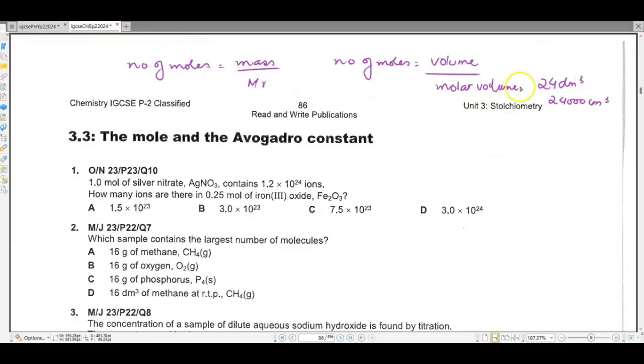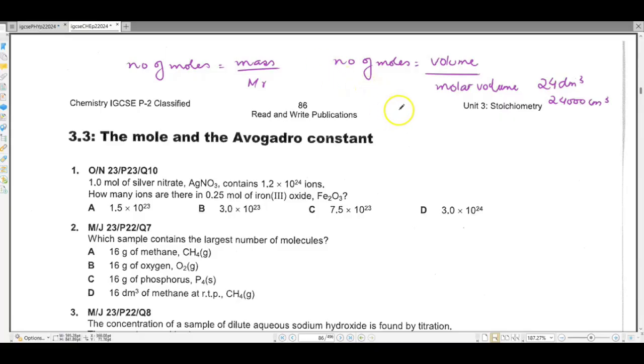Normally the volumes are required to be in decimeter cubes. But sometimes in the statement the volumes are given in centimeter cubes, so they have to be converted into decimeter cubes. Inshallah we will be doing many questions that require us to do so, and you will get to know where you have to do the conversion.